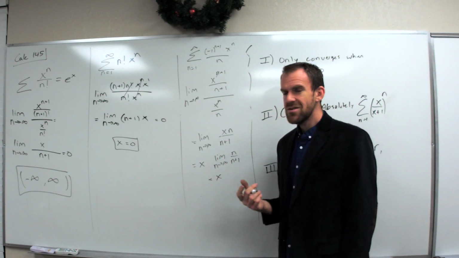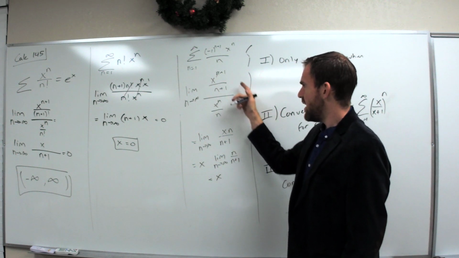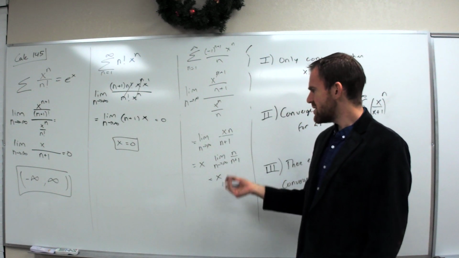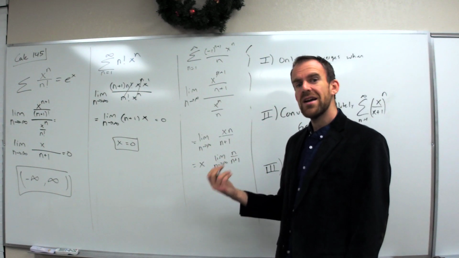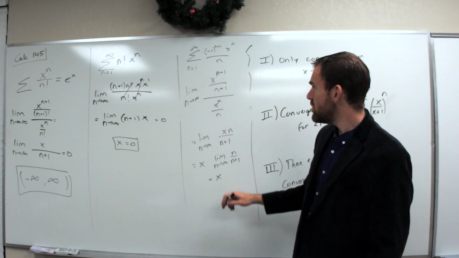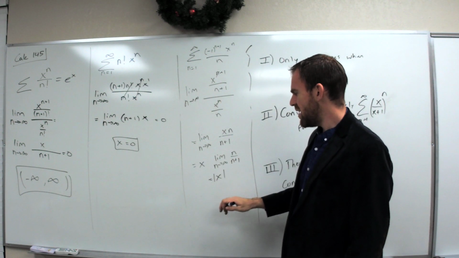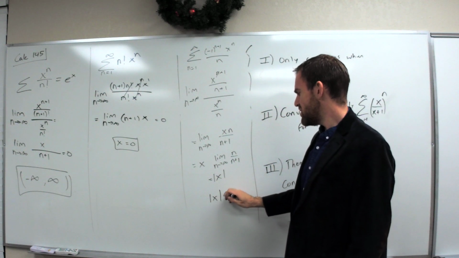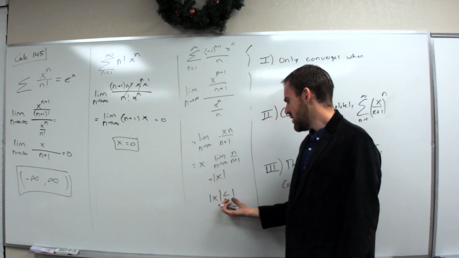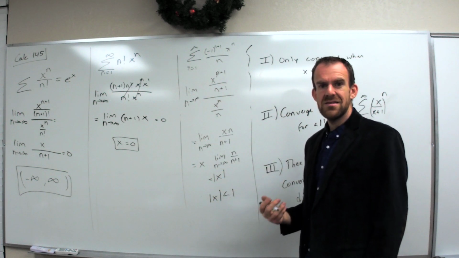So remember, with the ratio test, we don't need it to equal 0. We just need it to be less than 1. If this equals 1, then we don't know. But if it's less than 1, then we know that it converges. So what that means is that I need, remembering we're taking the absolute value, the absolute value of x to be less than 1, because our ratio test requires for convergence that the result of this process be less than 1.